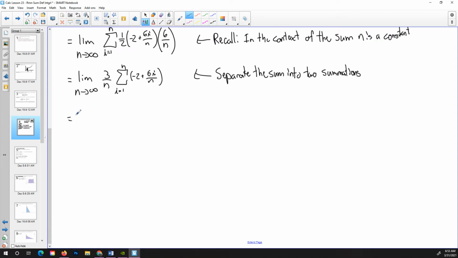I'll say it's the limit as n goes to infinity of 3 over n, and then it's the sum as i equals 1 to n of negative 2 plus, and 6 over n will be a constant, so I'll put that out in front, and then write the sum with i left alone.